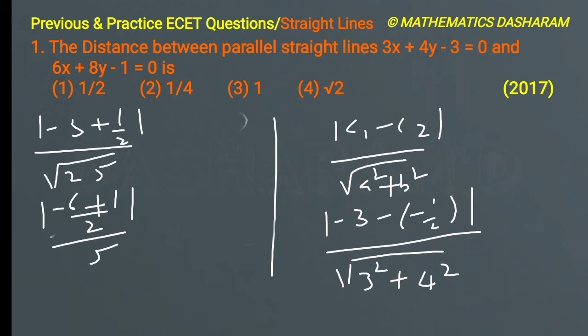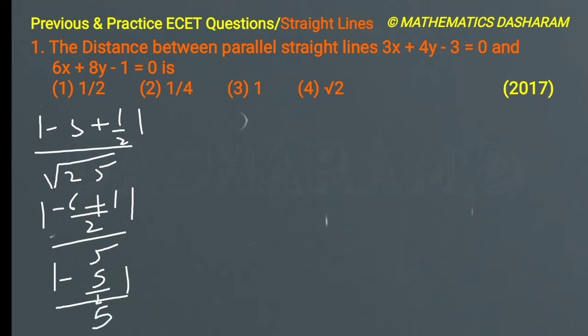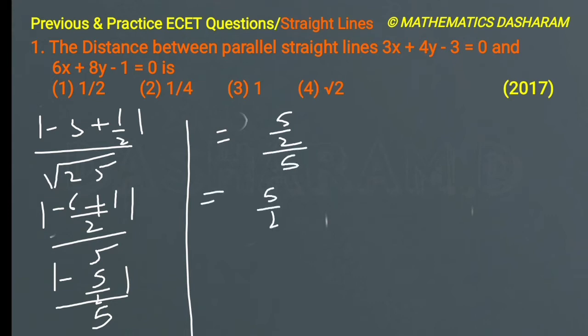Minus 6 plus 1 is minus 5 by 2, mod, divided by 5. Mod of minus 5 by 2 is plus 5 by 2, divided by 5. So 5 by 2 into 1 by 5. 5 cancels, giving 1 by 2. So option 1 is correct.